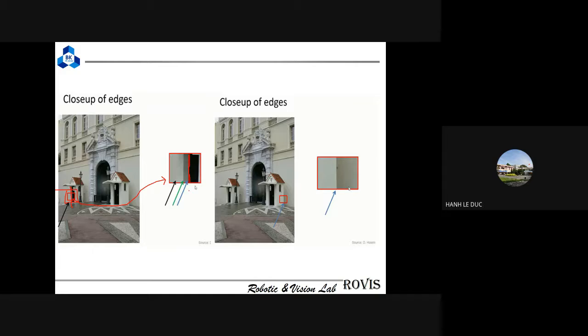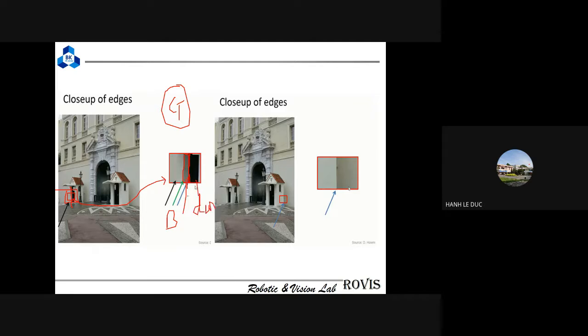So with the Gaussian filter, if the pixel here is somewhat brighter than the right hand side, when you apply the Gaussian filter, it will become brighter, and this one will become darker.